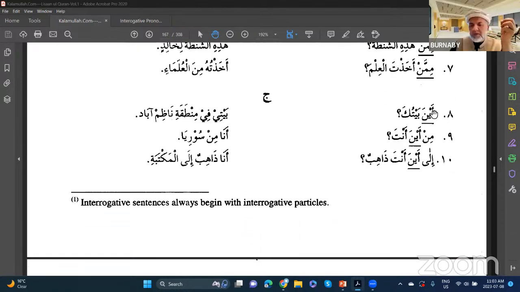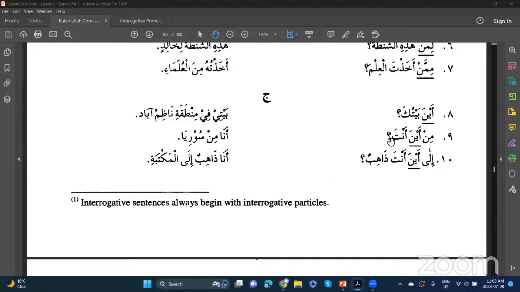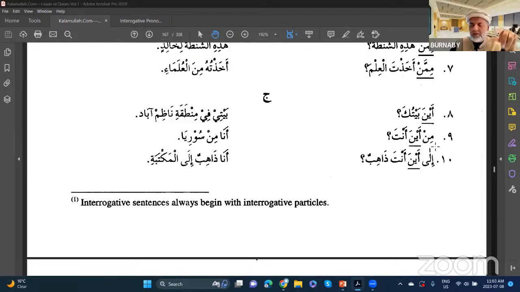Okay, so let's talk about aina. Aina is where. Aina baytuka, where is your home? Or where is your house, right? Bayti fi mantakil Nazimabad. I mean, the answer could be whatever, but the attention we are paying is to the asma of interrogation. Min is from, a harf jar, right?